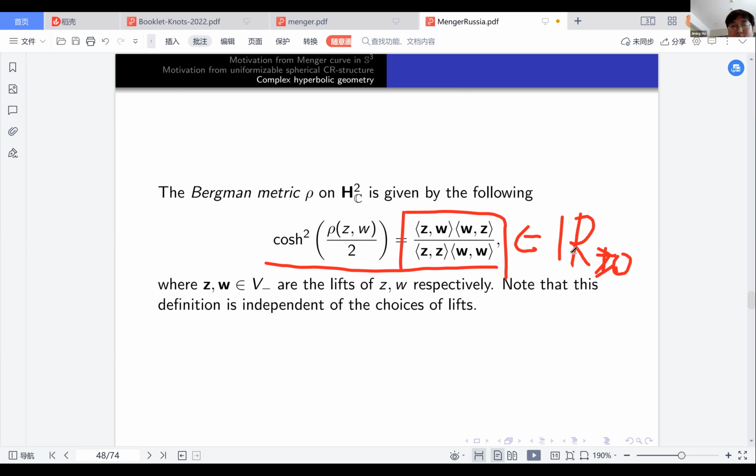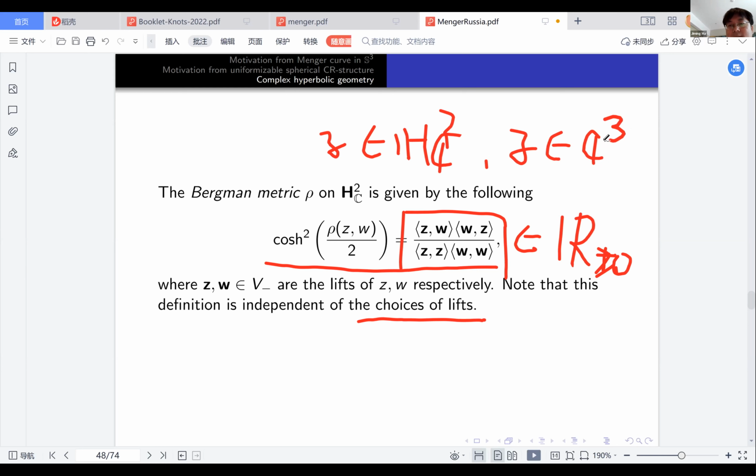So the Bergman metric is just given by the formula here, right? And this definition is independent of the choice of lift of the point in HC2, or maybe we will say just in C3. Right. Okay. This is the metric we use, right?